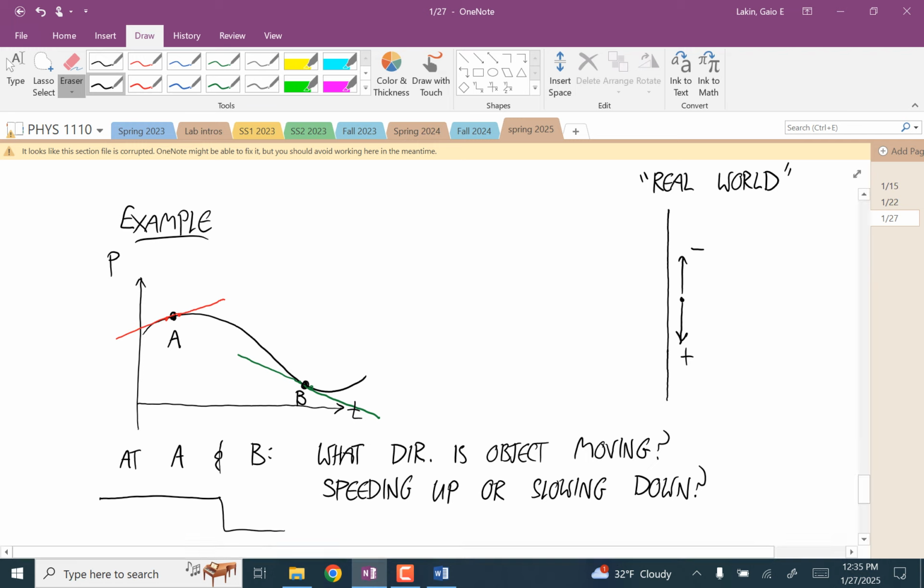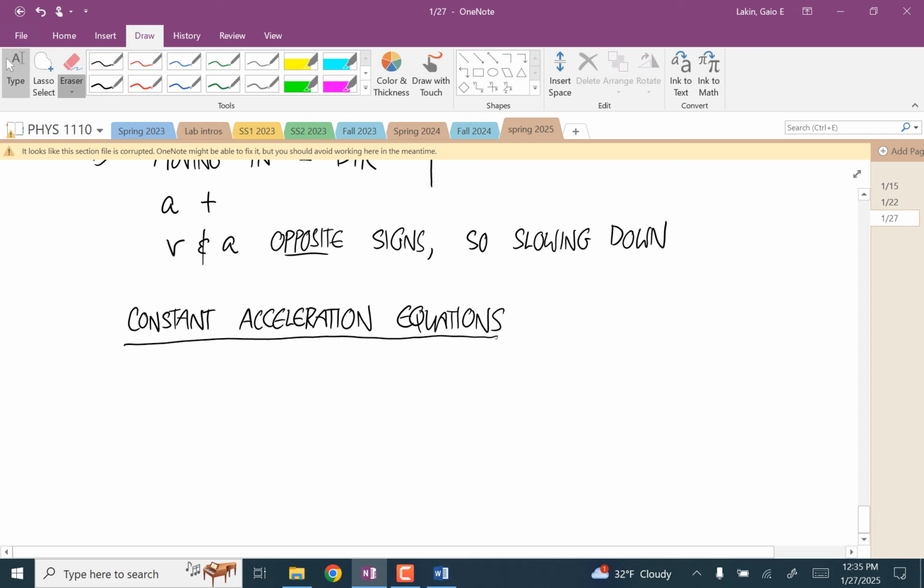But there are some important motions that do have constant acceleration. The most important one is stuff that's in free fall or projectile motion. So we're going to do a lot of calculations for things where the acceleration does stay constant. So, okay, not every motion has constant acceleration.